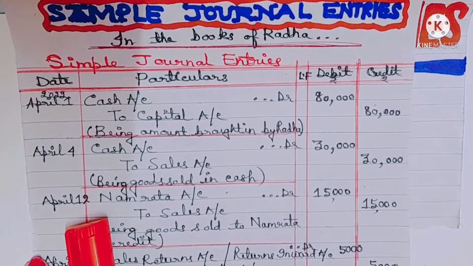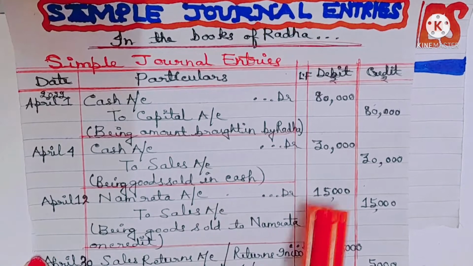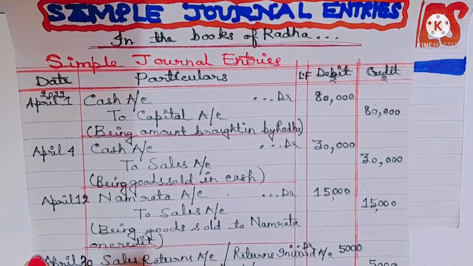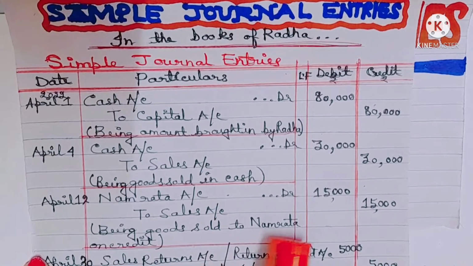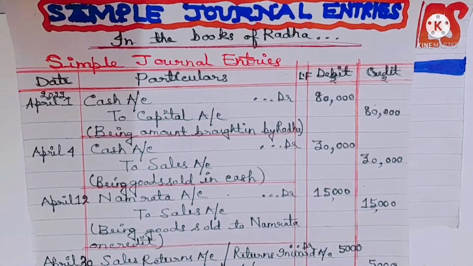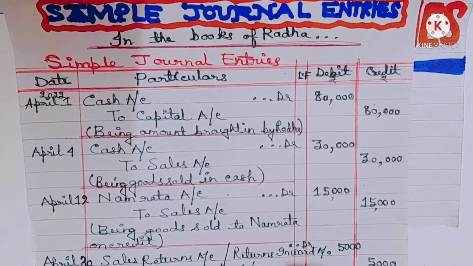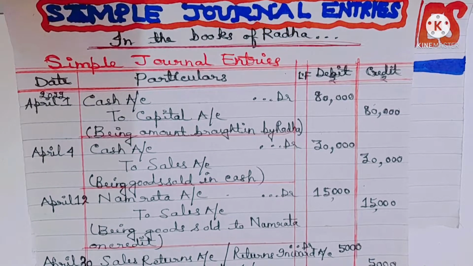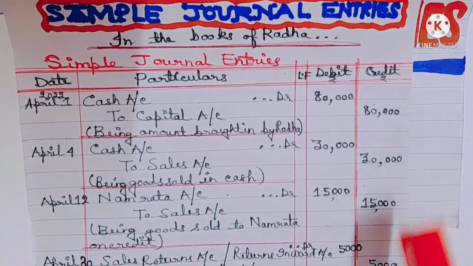On 12th April, Namrata account debit 15,000 to sales account, being goods sold to Namrata on credit. On 30th April, sales returns account or returns inward account debit 5,000 to Namrata account, being goods returned by Namrata. Total 1,30,000 in the debit column and 1,30,000 in the credit column.